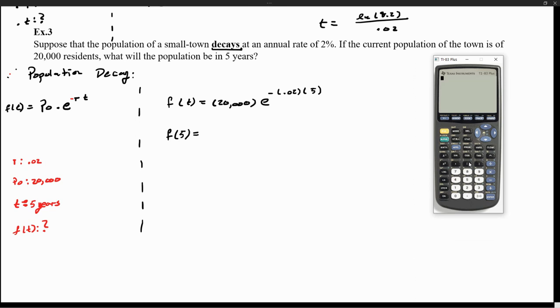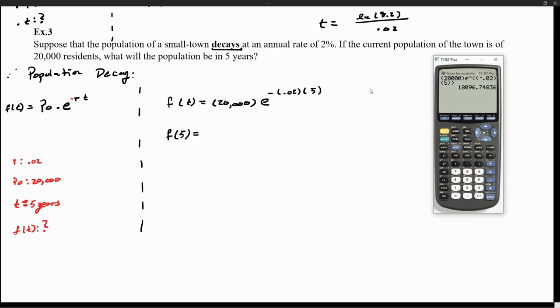So we're going to start with 20,000 people. Now we're going to multiply that by e, but be careful, because now we have negative 0.02. Now we're going to close that parenthesis for the rate. We're going to open a new parenthesis for the 5, close the parenthesis for the 5, and now close the parenthesis for the exponential.